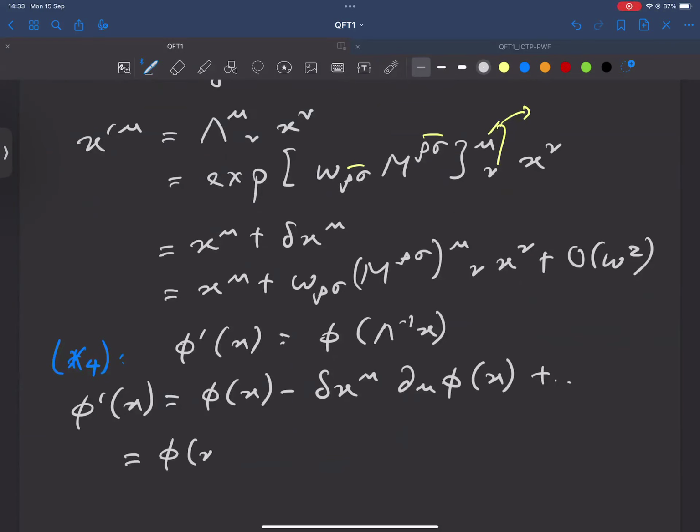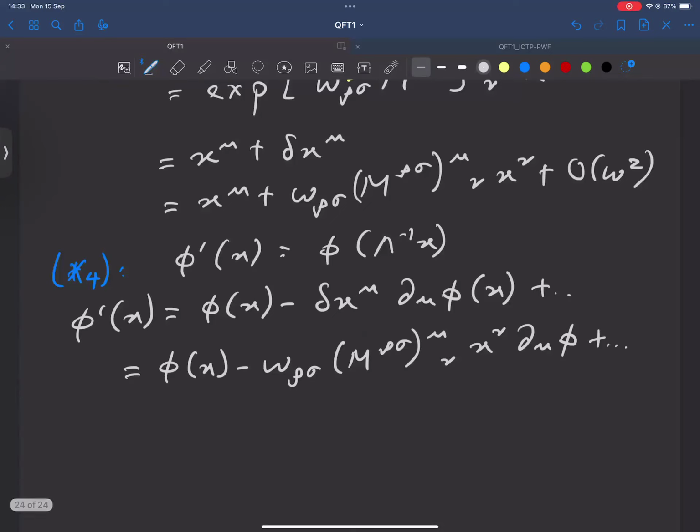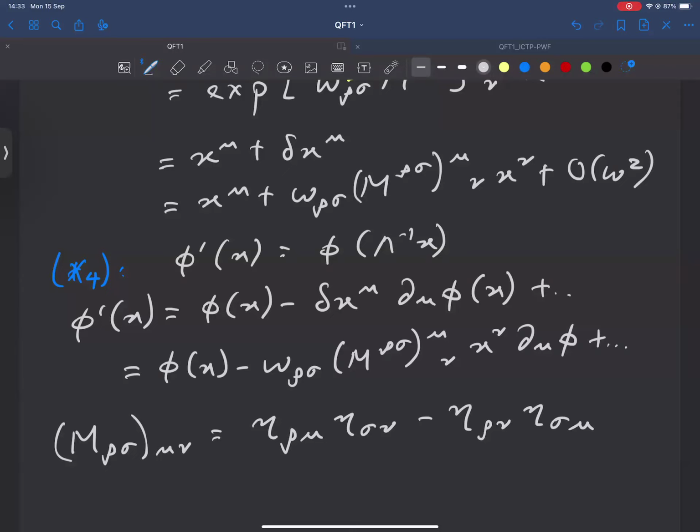So that gives phi of x minus omega rho sigma m rho sigma mu nu x nu del mu phi plus higher order terms. Okay. And now recall that m rho sigma mu nu was written like this, rho nu sigma mu.